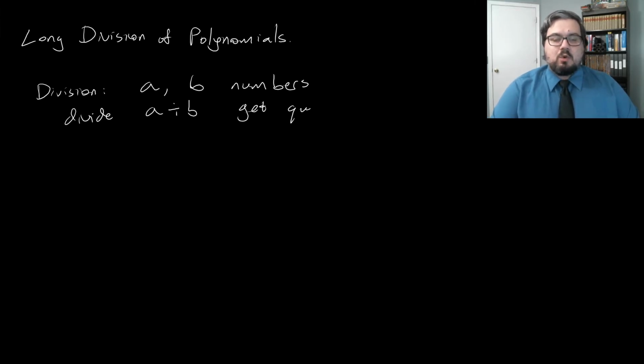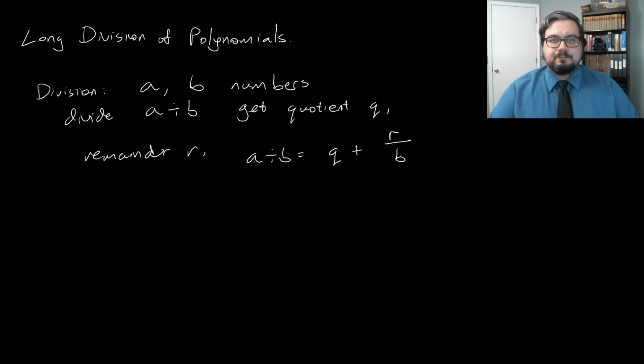So we'll get a quotient q and remainder r. And we would wind up writing that A divided by B is equal to Q plus the remainder over B.